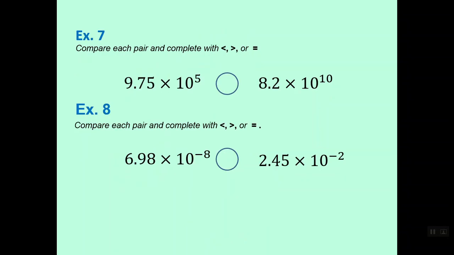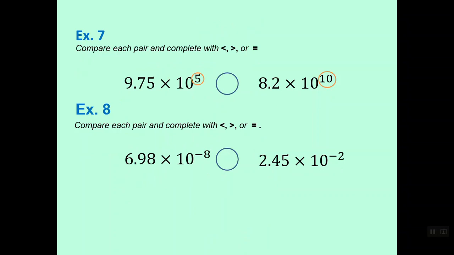All right, in examples 7 and 8, we are looking at problems that have both different exponents and different factors. So in example 7, we can clearly see that we've got 9.75 times 10 to the 5th power. On the other side, we've got 8.2 times 10 to the 10th power.